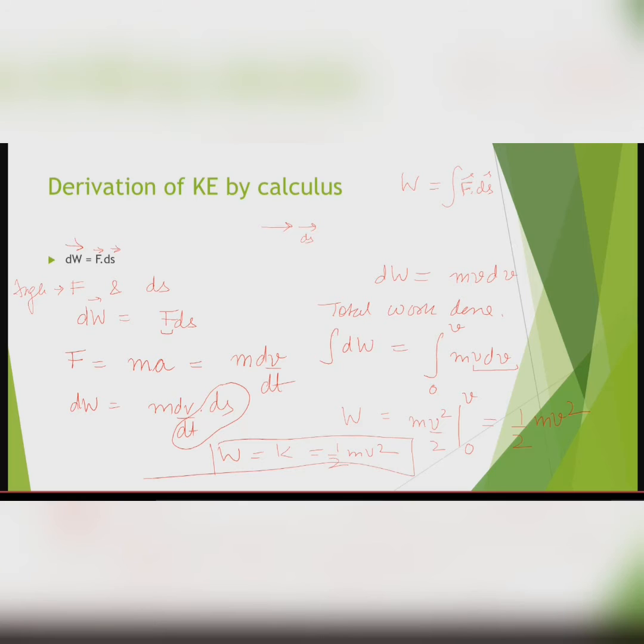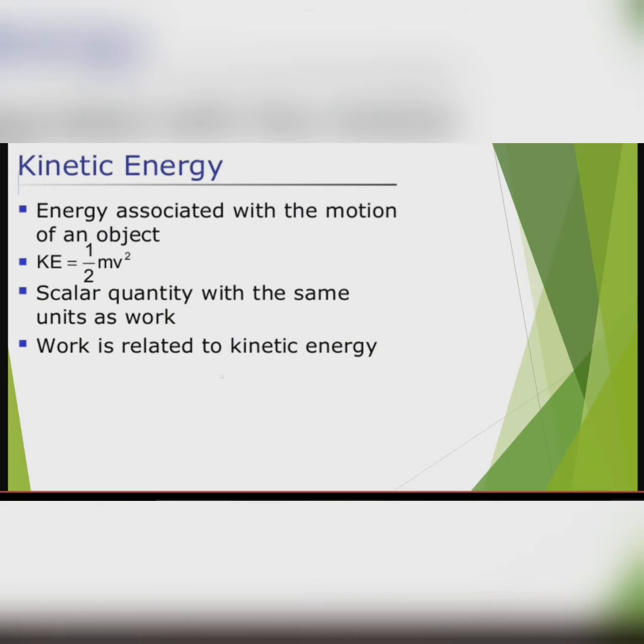Now, if we want to do the same by simple equations of motion, then you can consider this. We already know the equation of motion, v square minus u square is equal to 2as. Put u as 0, initial velocity as 0. You will get the expression for acceleration as v square by 2s. Now in the expression, work done is force into displacement.